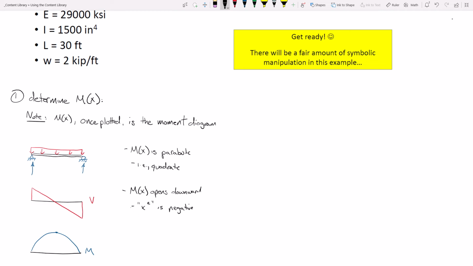Now, M of x, once plotted as the moment diagram, is telling me the internal moment in the beam at some arbitrary point x. And how do we determine internal responses inside beams and structures? We break out the secret weapon, which is a samurai sword, or a lightsaber if we happen to be a sci-fi fan.